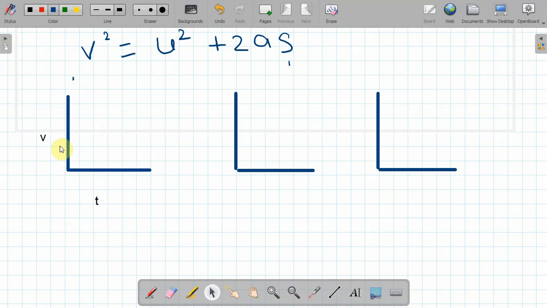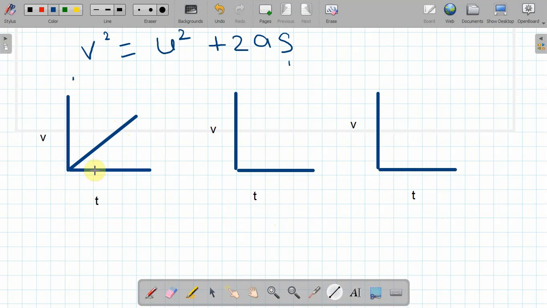So the y-axis is v and the x-axis is labelled as time t. Suppose the particle moves from the origin, meaning it has just started, and this is the first scenario.